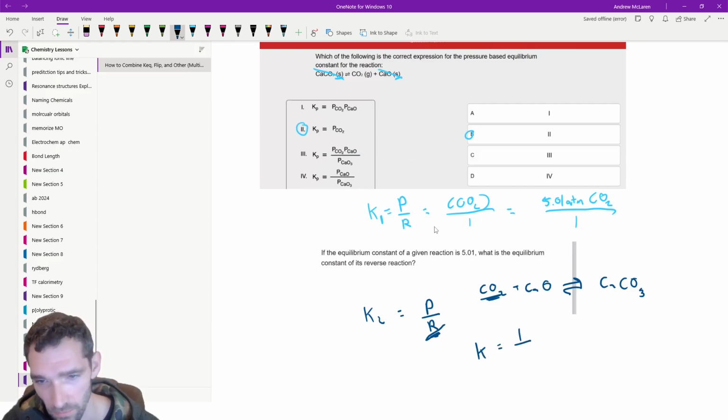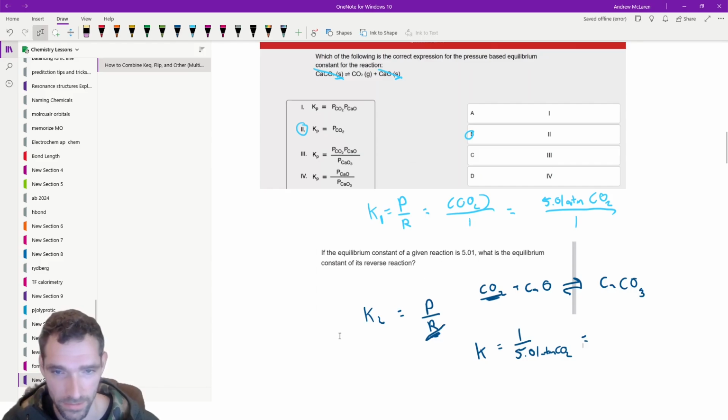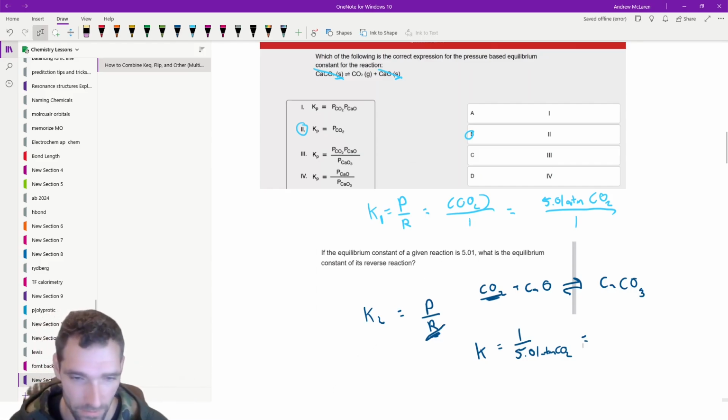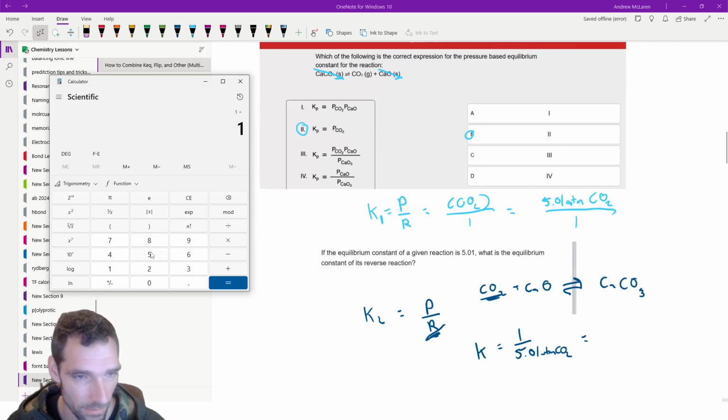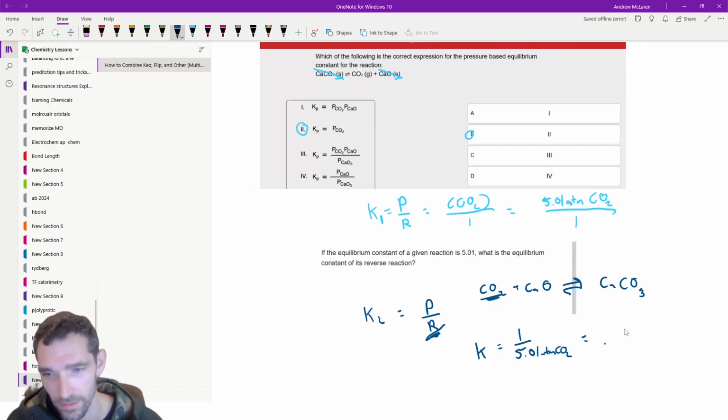So we've now got 1 over 5.01 for the atmospheres of CO2. So the equilibrium constant is just the inverse. 1 divided by 5.01 is about 0.2, and we probably would round this to 0.20 for its K equilibrium.